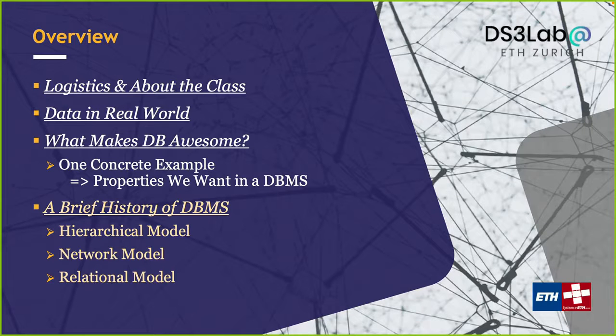Okay, so now we looked through one real-world application, understood what data is, and thought a little bit about what we want from a database management system, all those 4 great properties. Now, in the last part of today's lecture, we are going to talk a little bit about the history of database management systems.